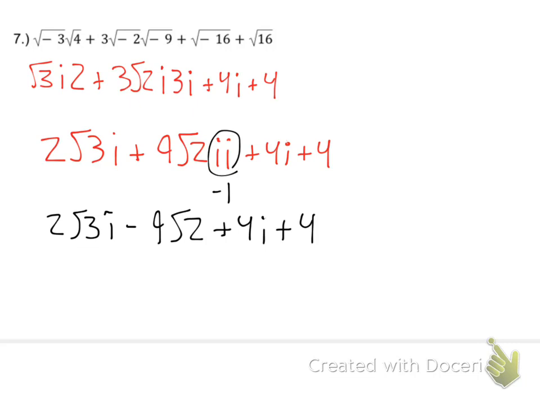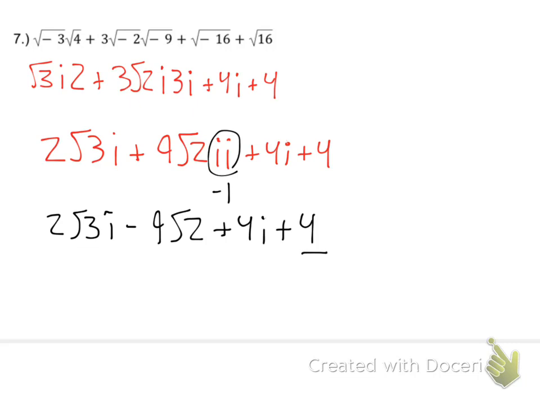Now all we have to do is group them up. But here's the thing. Some of them have i's, some of them do not. Therefore, when I group them up by like terms, you've got to put it into complex standard form. You got to put your real numbers first, the things with i's, your imaginary part second. So, looking on there, which ones do not have i's?